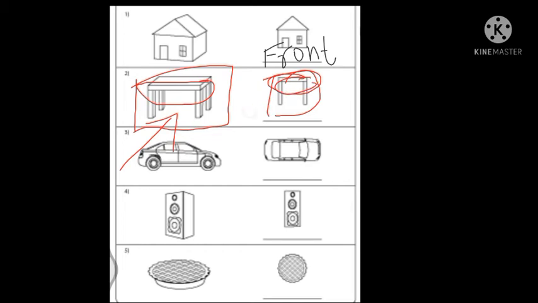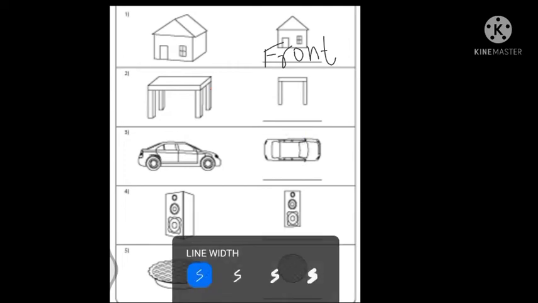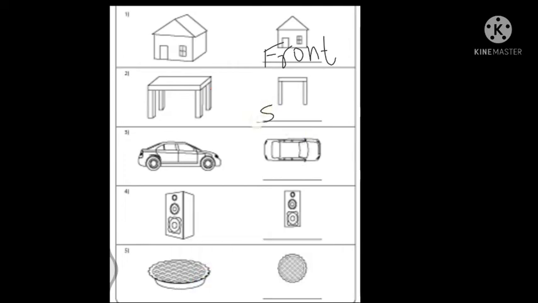So that means if we look from here, this means side view. If we look from the side, the table will look like this. So that means this table's side view is there. Which view, students? Side. So here you get the answer side view. You can write it in full form, side view. Is that clear to everyone?